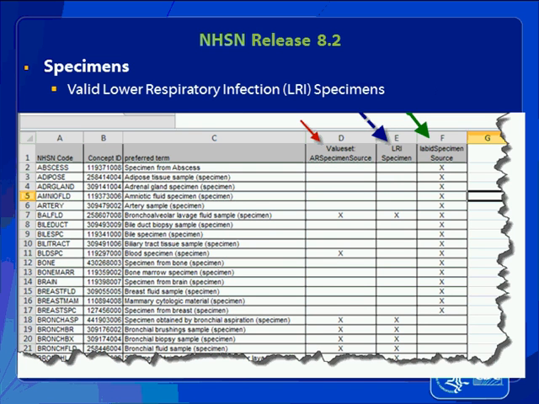We have added a specimen source tab to the IDM to include all the specimens and differentiate the lower respiratory from the other ones that are not valid to be reported. It also shows the lab ID specimen source. That's actually never been added. You did have it in your IG, HAI vocab, but now it's been added back to the IDM.